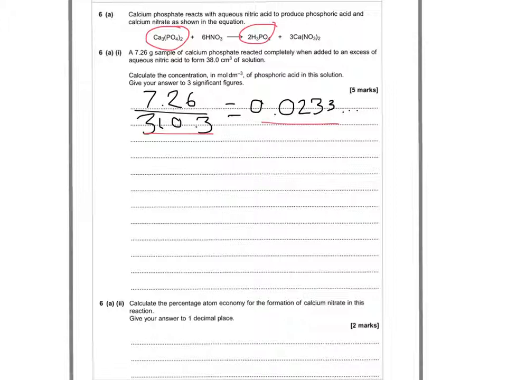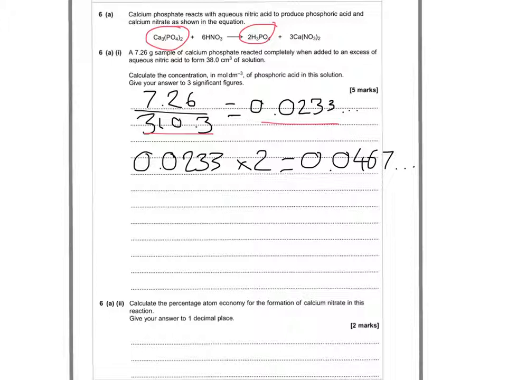Okay, so we've now got the moles of the calcium phosphate. We now need to work out the moles of the phosphoric acid. It's quite a nice 1:2 ratio. So actually we then do 0.0233 times by 2, and that should give you approximately 0.0467 or thereabouts. But the third mark is for actually that timesing by 2 there.